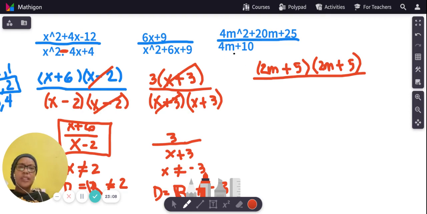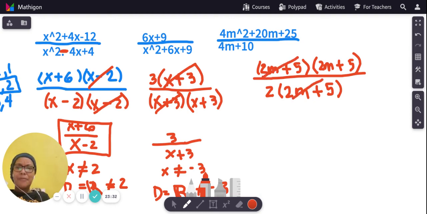So yung denominator natin, 4m and 10. So common factor na ng 4m and 10, 2. Right? So labas si 2. So, syempre, yung factor niya para maging 4m. Okay? Kita nyo? So, ganun lang ang rule. Kaya favorite ko ang math, it's a process.